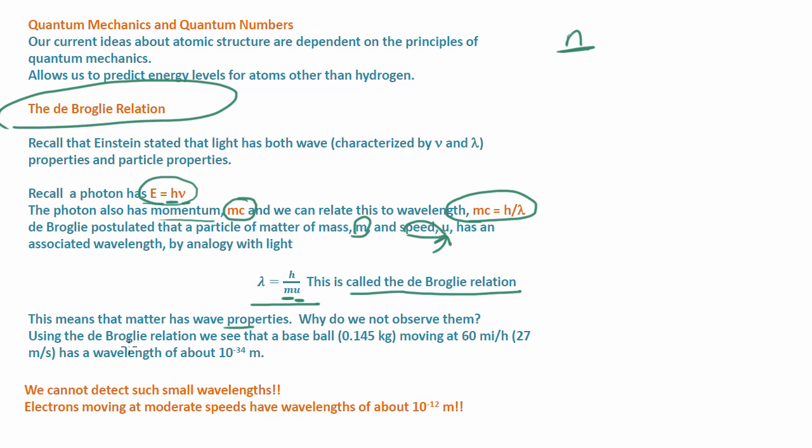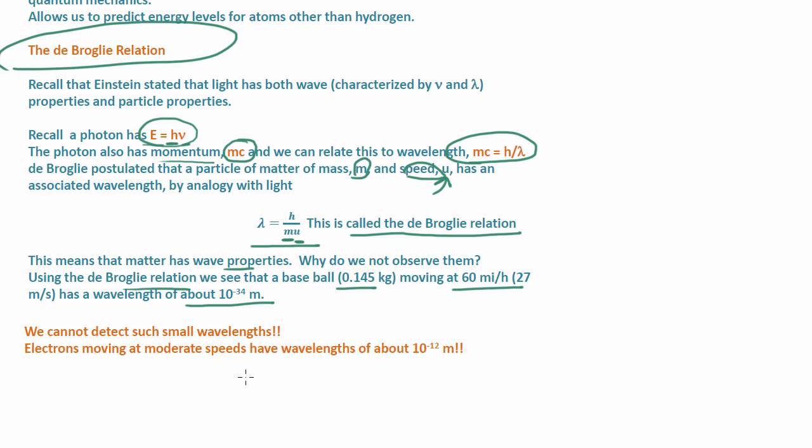Well, let's see why. If we use the de Broglie relation, if we have a ball that is 0.145 kilograms moving at 60 miles an hour, it has a wavelength of about 10 to the minus 34 meters. Let me show you how to do this problem. We'll use this equation here.